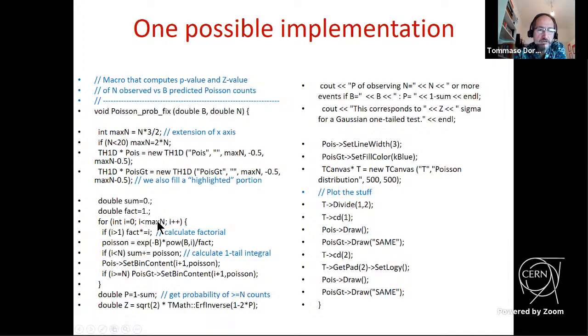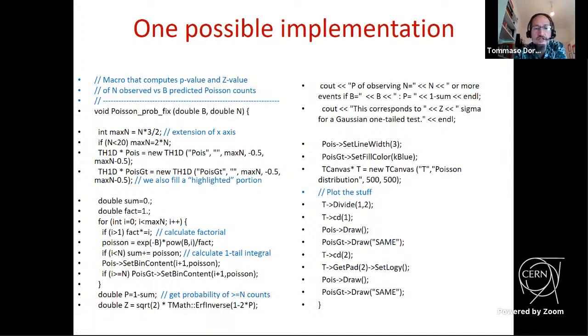But the core of the calculation is here. We have a sum that we initialize at 0. Then we need a factorial function, because the Poisson has a factorial. So you loop from 0 to the maximum number in the histogram, because you want to fill this distribution in the histogram. Then you multiply this factorial by i, going from 0 to a certain i. As you go along, you compute the Poisson term, which is exponential of minus b times b to the i divided by the factorial.